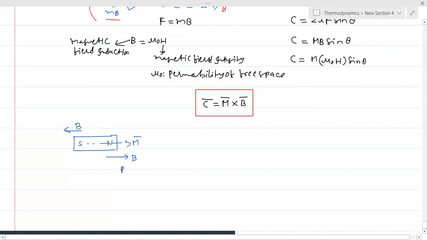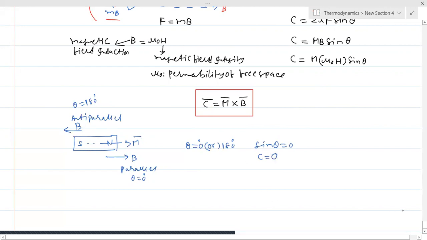In both cases, theta equals 0 degrees or theta equals 180 degrees, because the angle between M bar and B bar is 0 or 180. So sine theta equals 0, and the couple acting on the bar magnet equals 0.